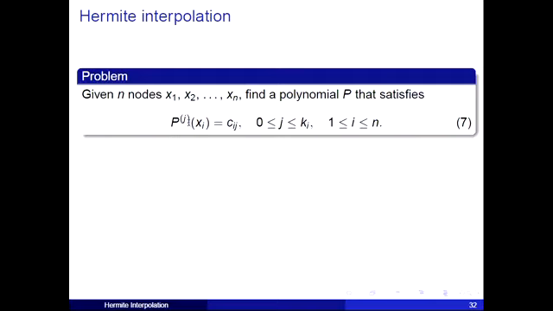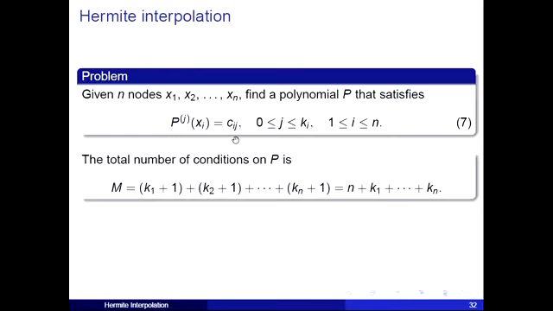So here, you see j is just the derivative of order j. In some cases, you want the curve to be smooth enough, and then the derivatives have to satisfy some constraints. In that case, you have this Hermite interpolation.